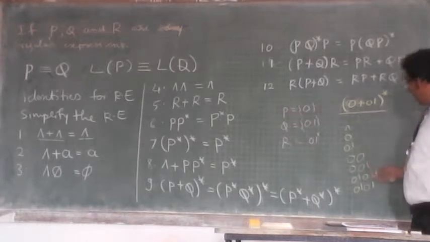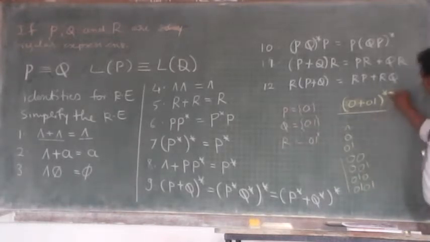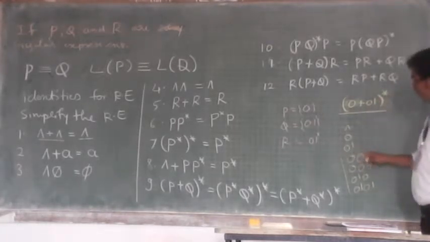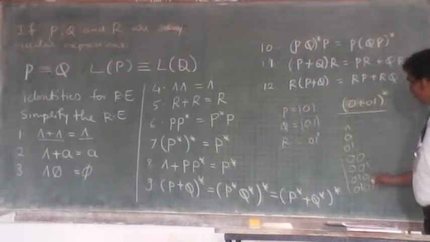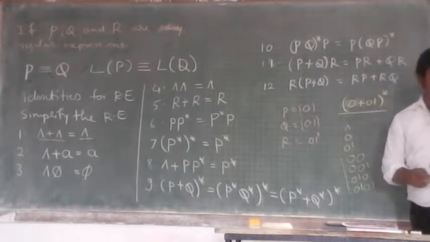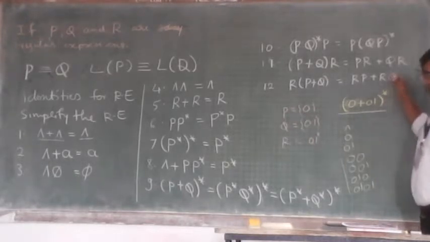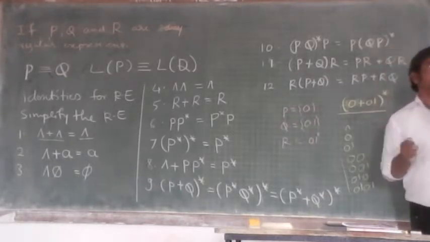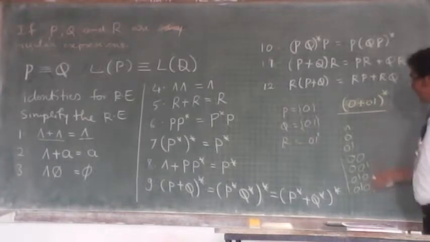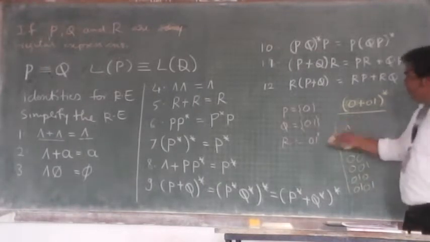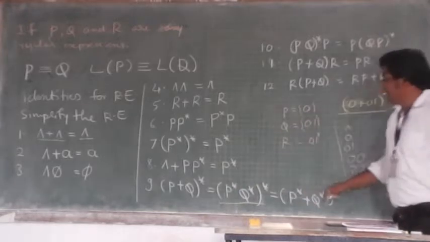So the various strings I receive when the star's value is 2 are 00, 001, 010, 0101. In this way you can go on considering the star value as 3, 4, 5, any number of times. By having this many strings with you, you can further go for checking.